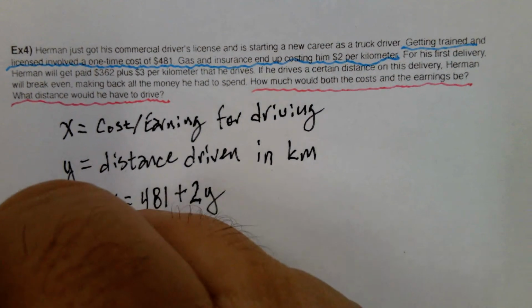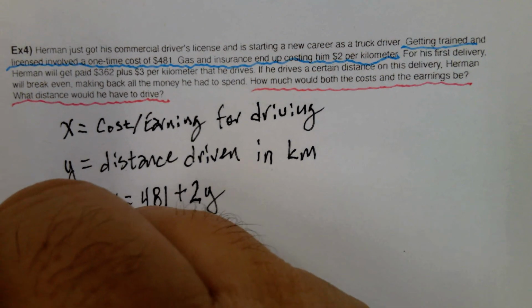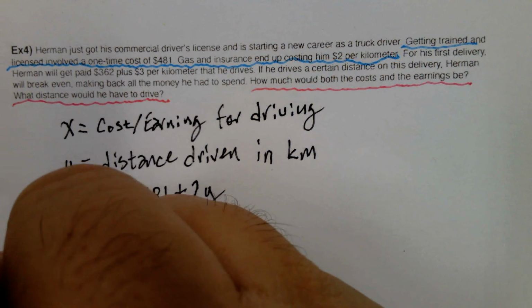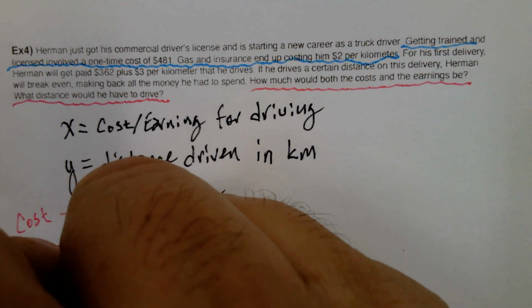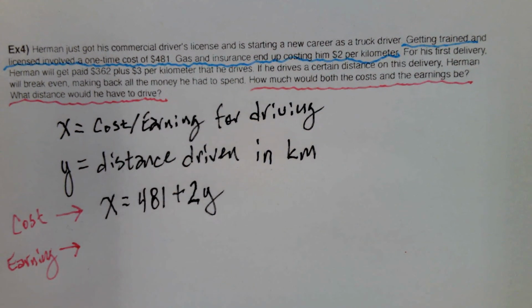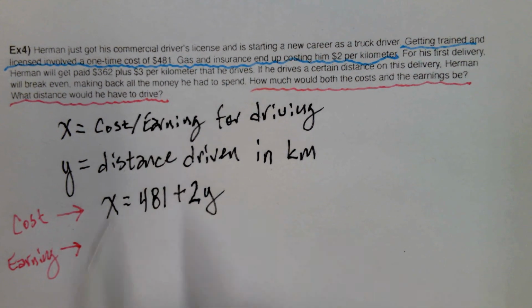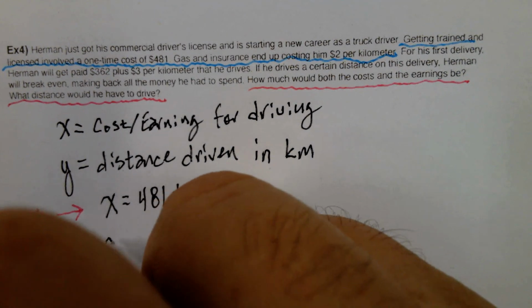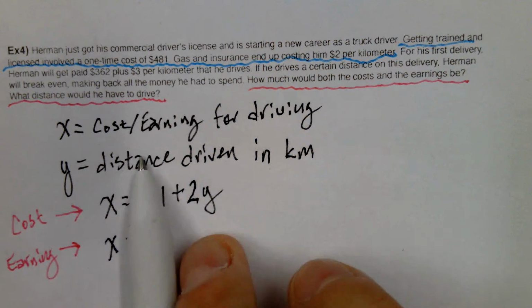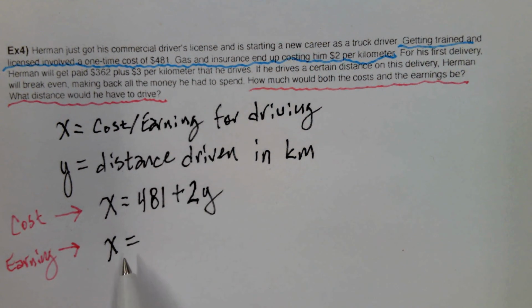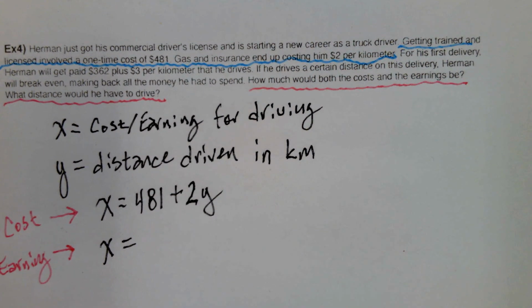Let's talk about his earnings, how much he's making. Well, that's also X. It's cost or earnings. This one's the earning part. Let's see how much he's earning.